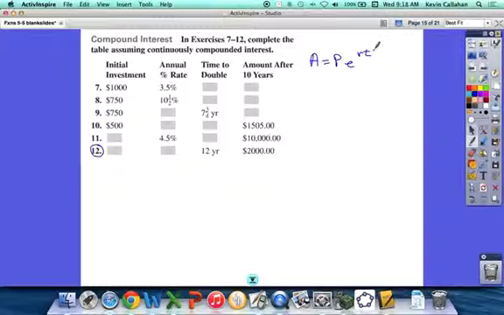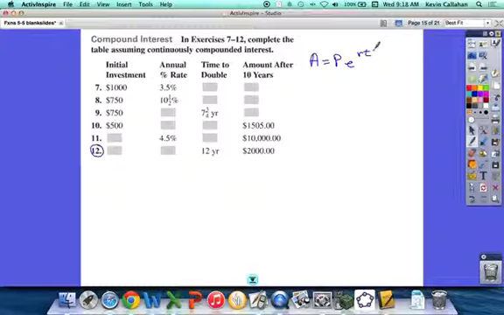And I've been given two pieces of information, the time to double and the amount after 10 years. Well, just think. The amount after 10 years would allow me to plug in for which two letters? The A and the T. I would still have two things I don't know, right? That's not good. I can't solve for one thing if I don't know two things.